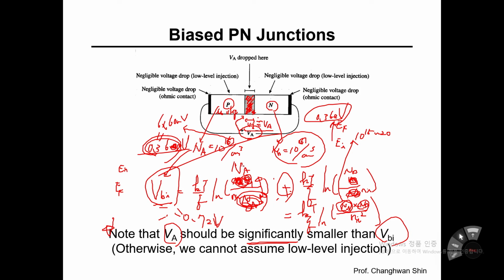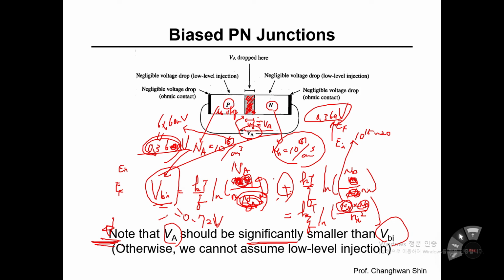Okay. All right. So going back to the last message in this lecture slide, the applied voltage V_A should be much smaller than the built-in potential. Why is that? Why is this assumption necessary?